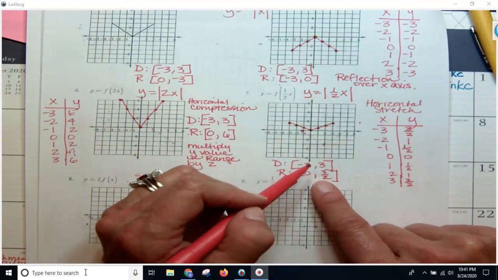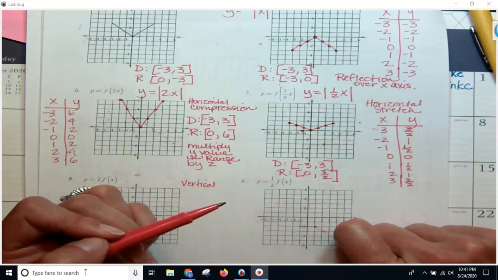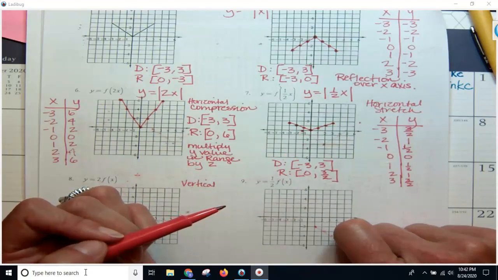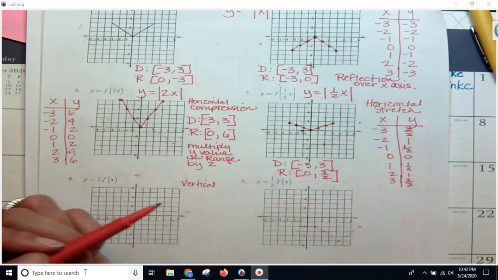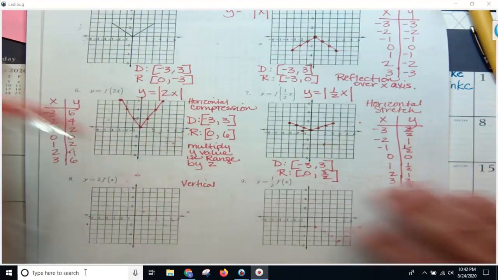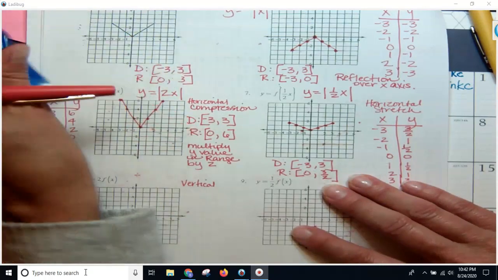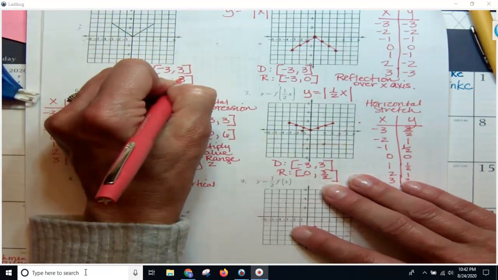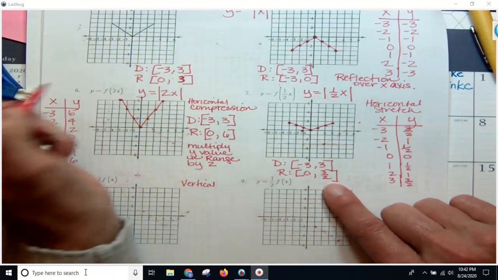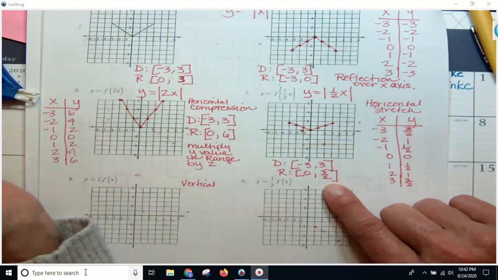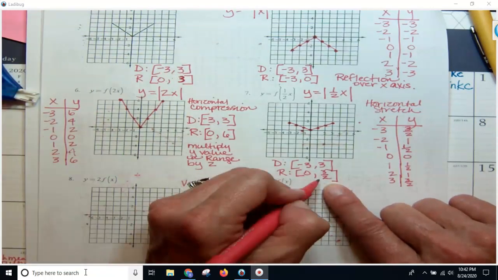And lo and behold, it's the same. So, you know, I screwed that up. This is actually 0, +3. So that is 3 times 1/2, which gives you 3/2.